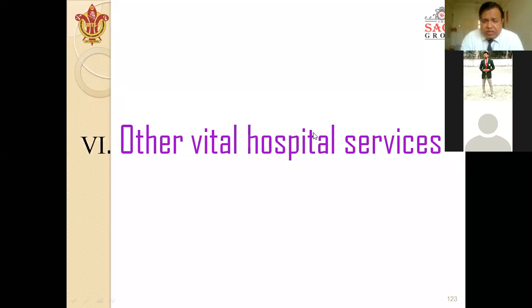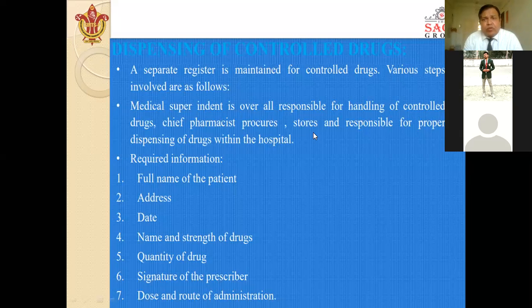Now, these are the important criteria of the drug distribution system in hospitals. You must know, and some 4 marks questions or short note questions will come in an examination on this topic.